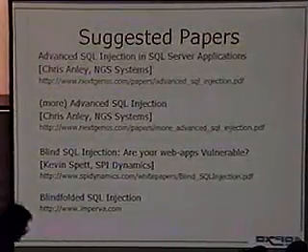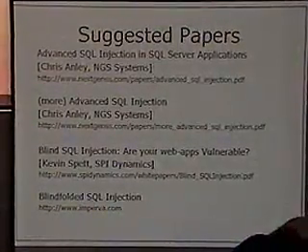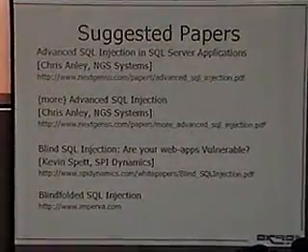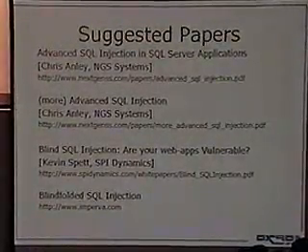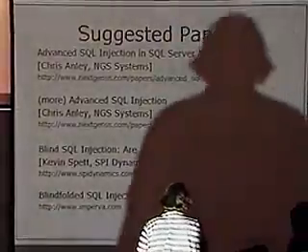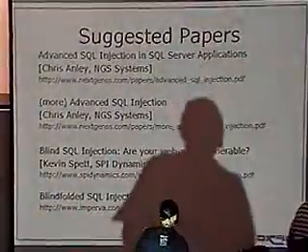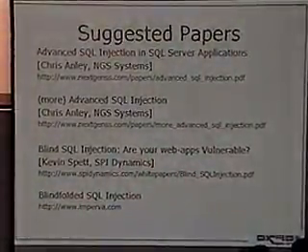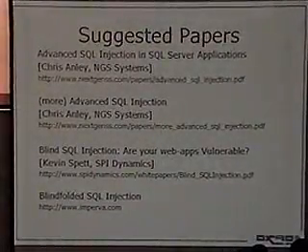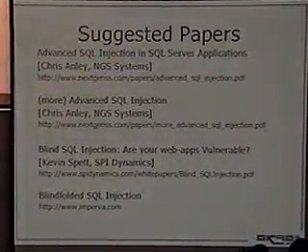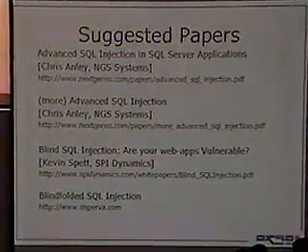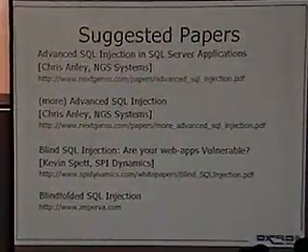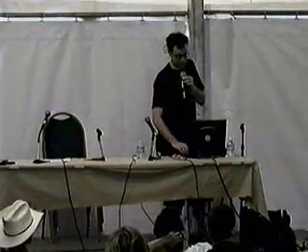The third one is the blind SQL injection paper from SPI Dynamics by Kevin Spett. Another very good paper detailing the processes that I was talking about automating here. And the fourth one is another one on blind SQL injection from Imperva. I don't have the actual link to it at the moment, but it's easy to find off of imperva.com. They take a couple of different approaches than the SPI Dynamics guys do, so you might want to check that out.